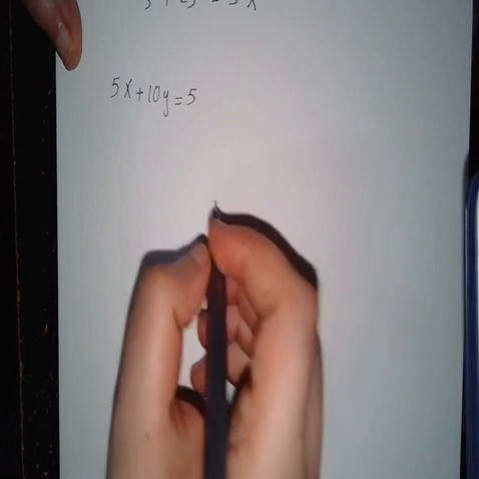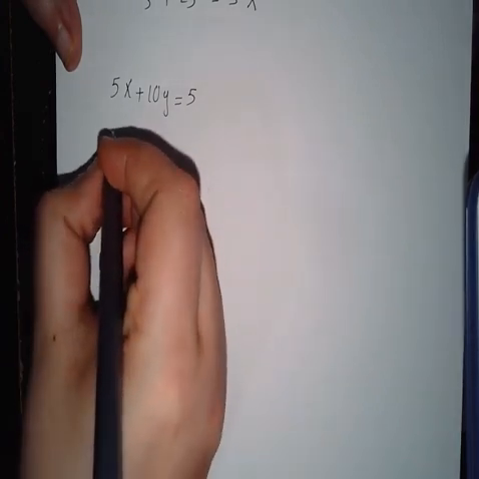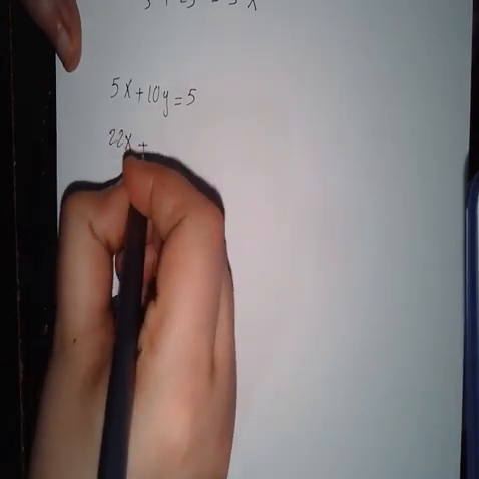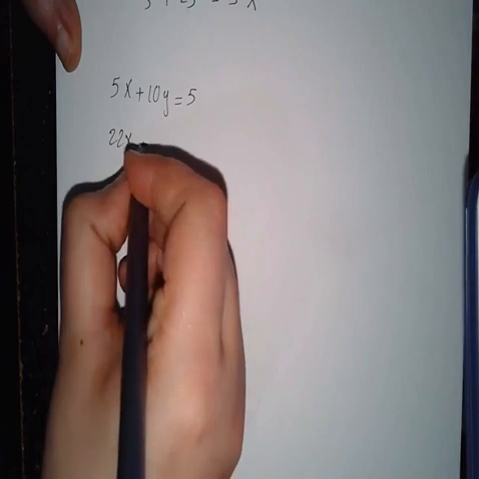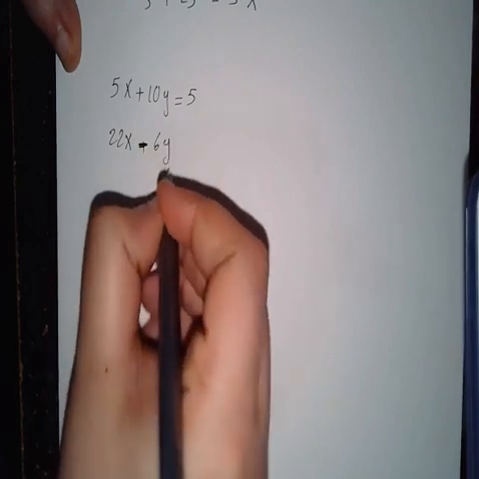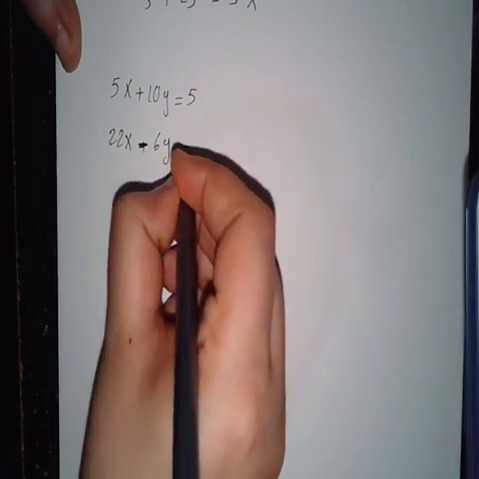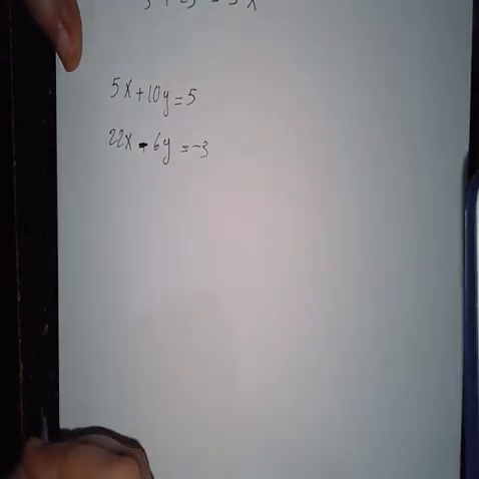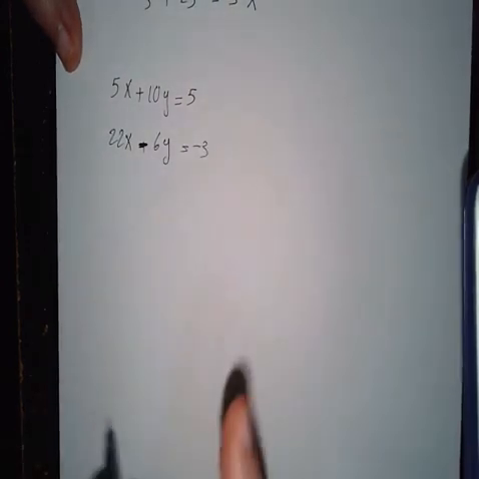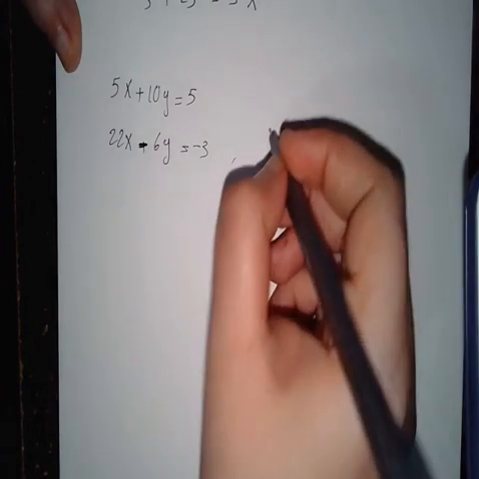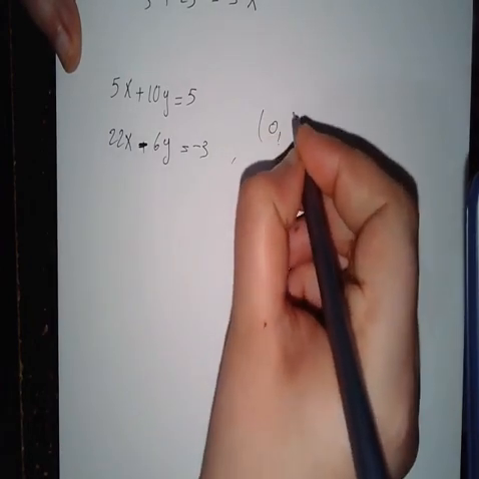Okay? And the other one is 22x, oops, sorry, it's minus 6y, and it equals -3. So this is your system. Two equations with two variables. And the point I want you to check is (0, 1/2).